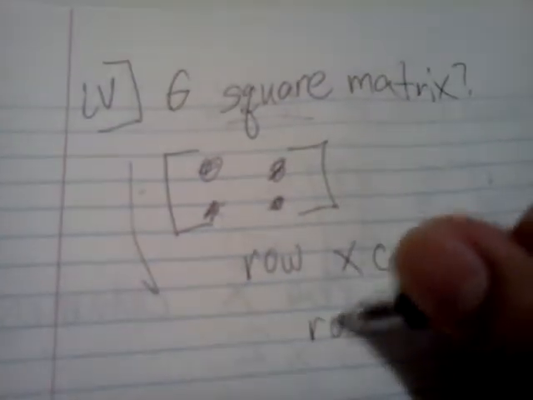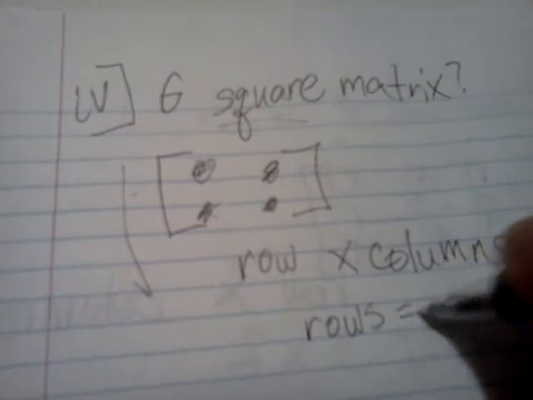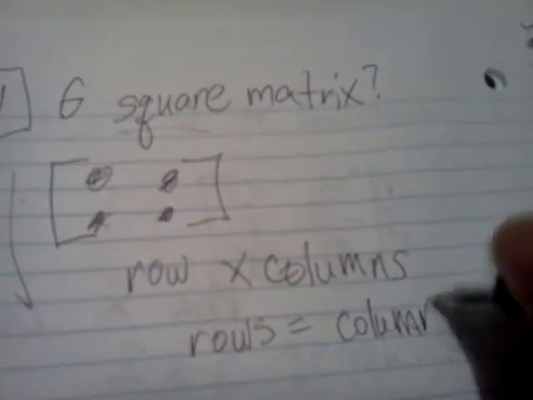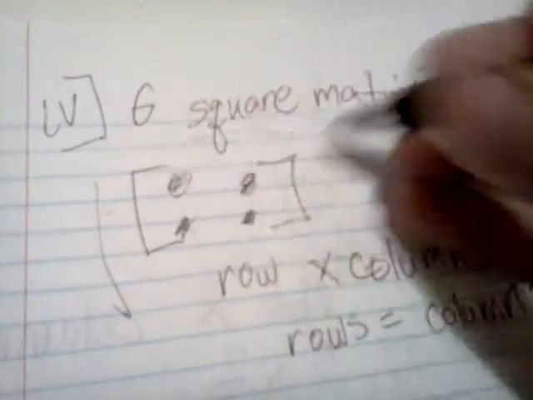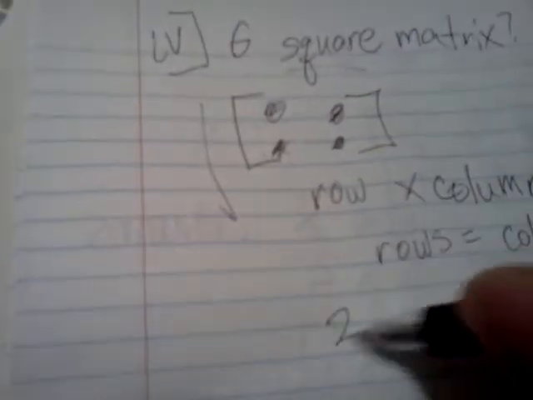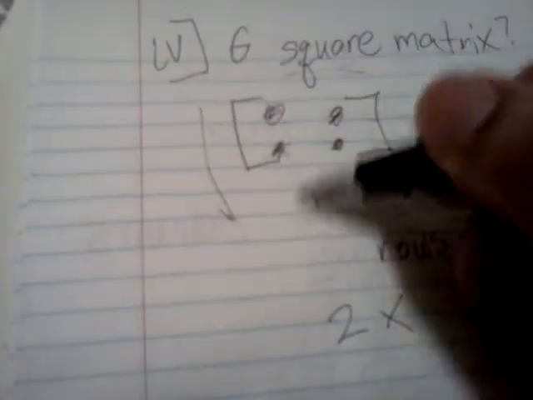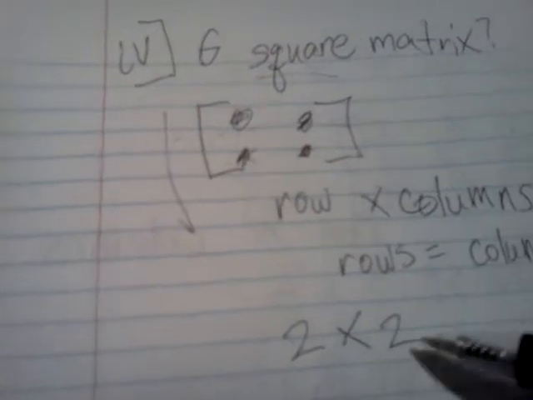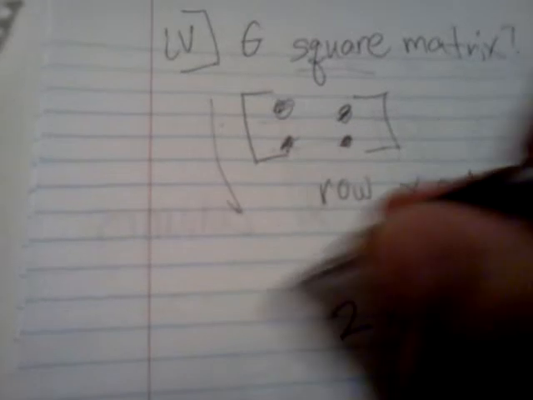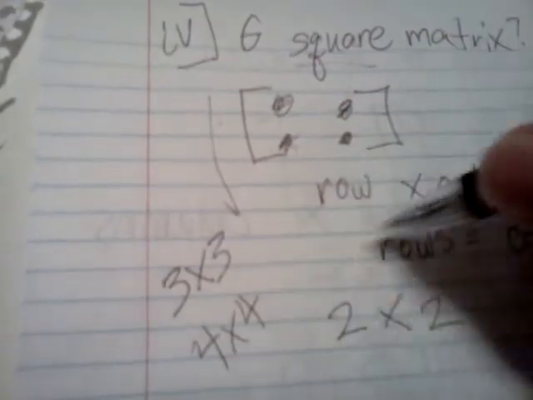So rows equals columns. If we had this one, this is 2 rows by 2 columns, so that would be a square matrix. It could work for 3 rows, 3 columns, 4 rows, 4 columns, like that.